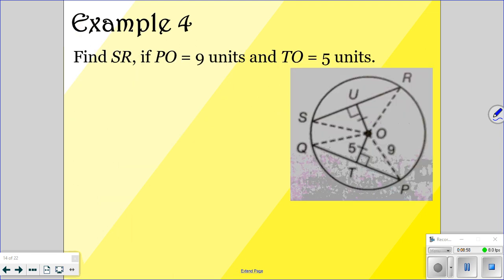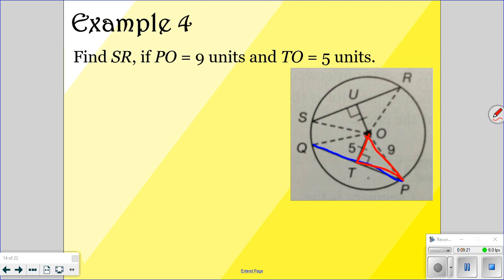So looking here, we want to find the length of SR. So we know that these two pieces are congruent. So that means that whatever the length of SR is, it's going to be the same as the length of QP. And then if you look, we have a right triangle here.